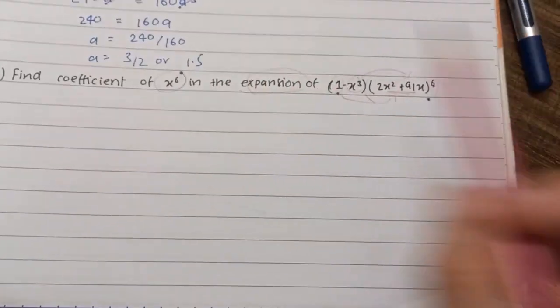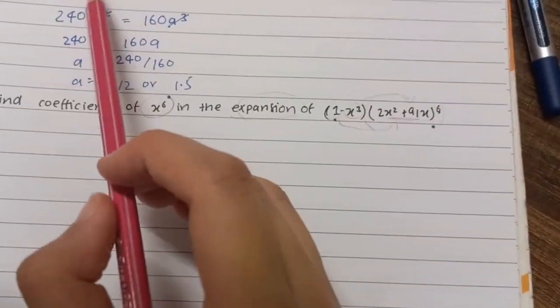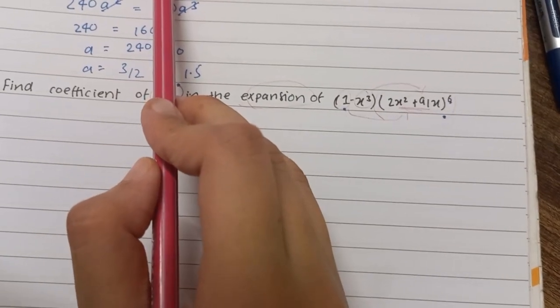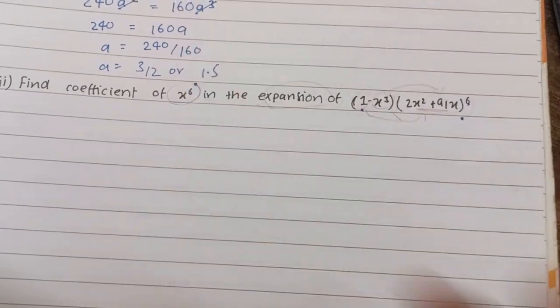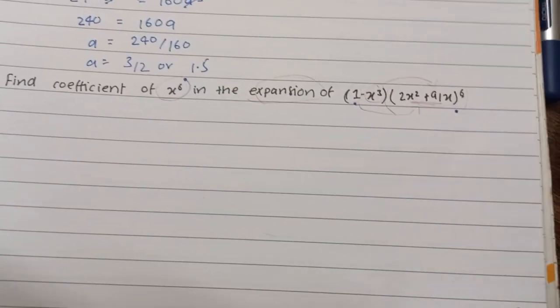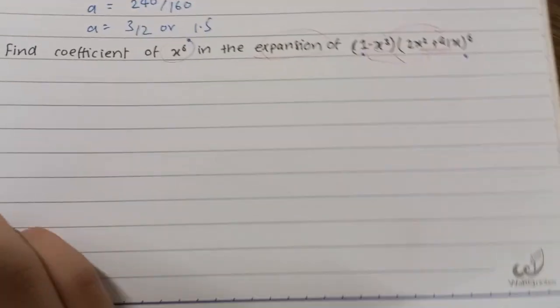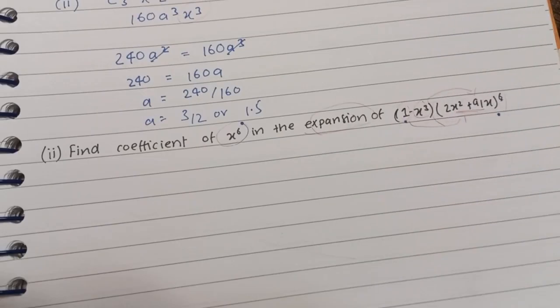So in the first part we have calculated both values for x raised to the power 6 and x raised to the power 3. So we are going to use the first part and solve this.